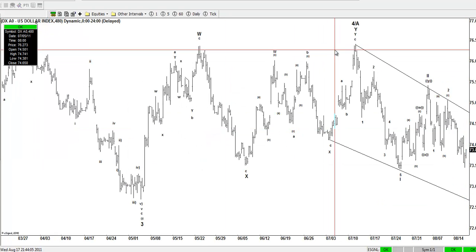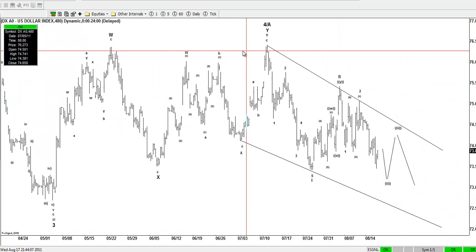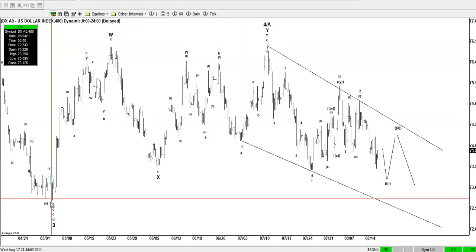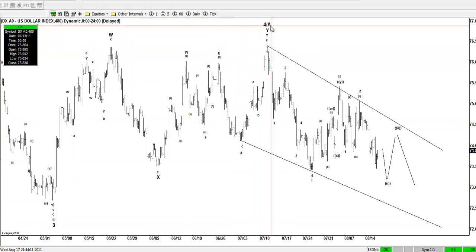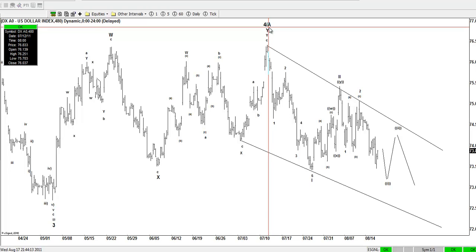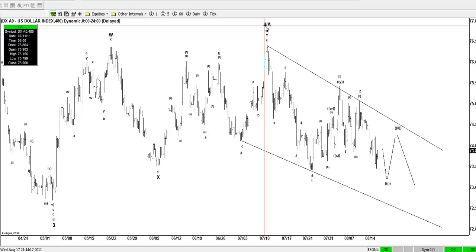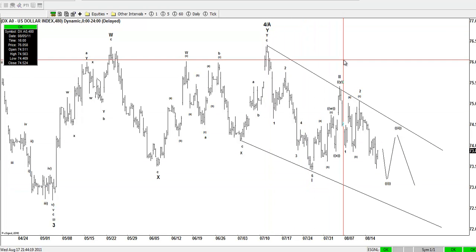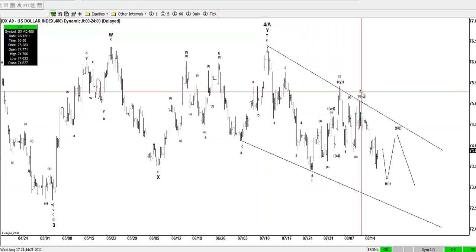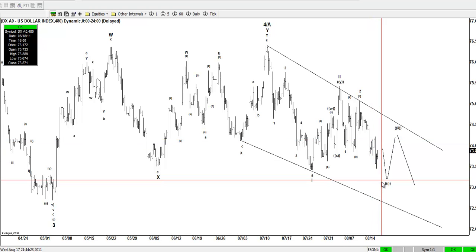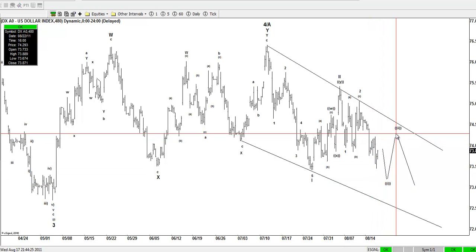Okay, on the 4-hour chart, these are the scenarios. The first scenario is the one that calls this a complete wave or correction. That's what we're calling a wave, as a principle. And then you got 1 2 1 2, another 1 2, and then going lower against the dollar.